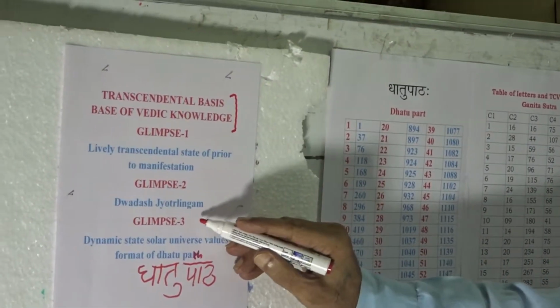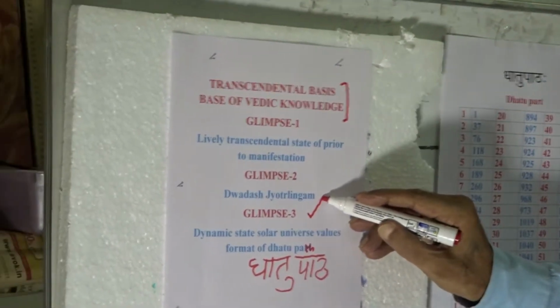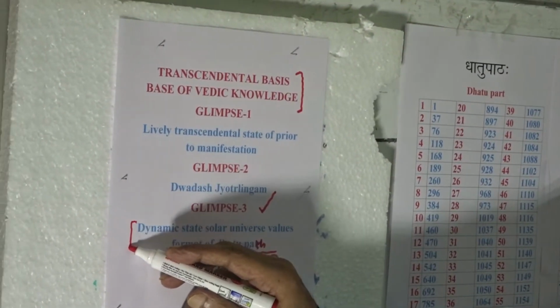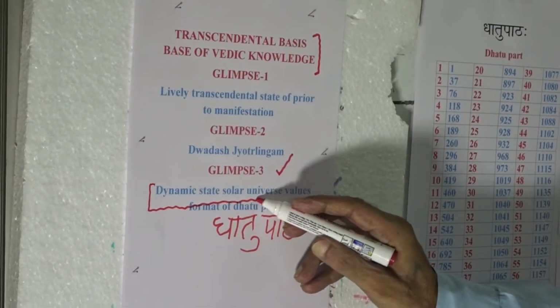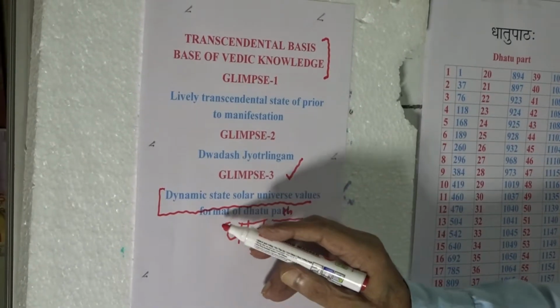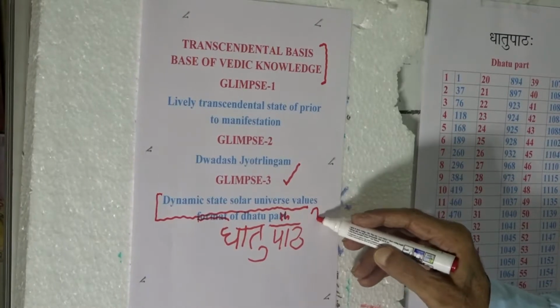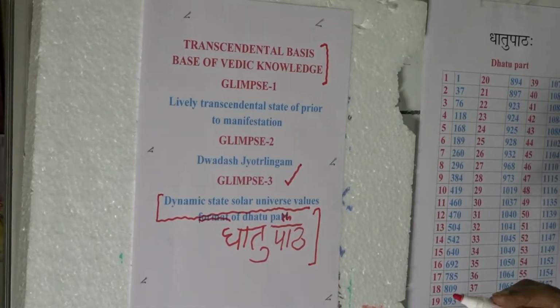Today we are at Glimpse-3. We are to glimpse the dynamic state of solar universe values in a format parallel to that of the Dhatu part.